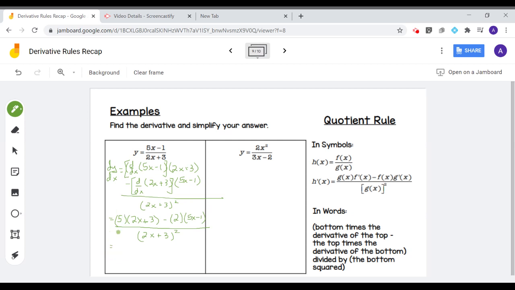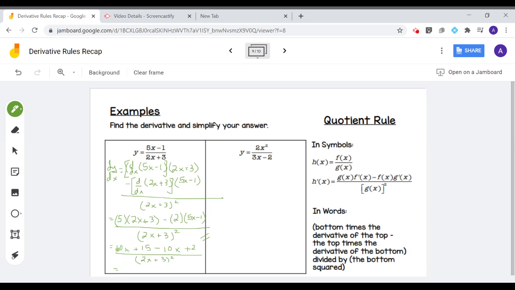So now we could tidy this up a little bit by expanding. We don't have to. We're actually done doing the derivative, but I'm going to tidy it up just a tiny bit. I'm going to get 10x plus 15 minus 10x plus 2, all over 2x plus 3 squared.